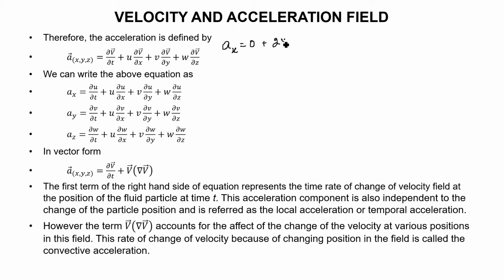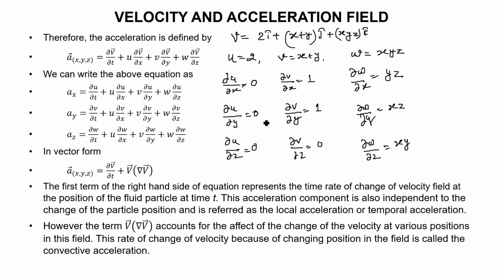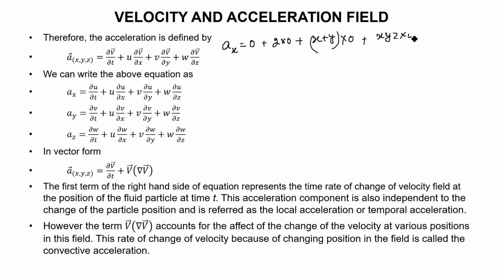So 2 into 0, plus v, which is x + y, into ∂u/∂y, which is 0, plus w, which is xyz, into ∂u/∂z, which is 0. So all these terms will be 0. So the value of ax will be 0.